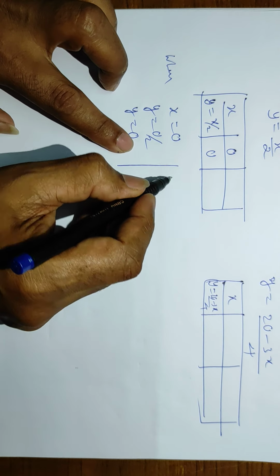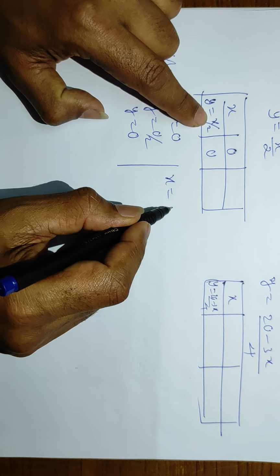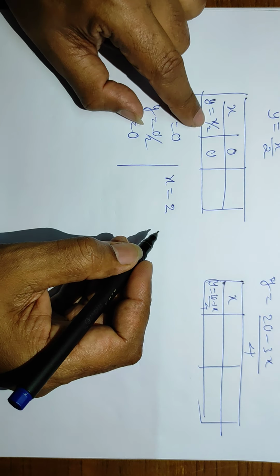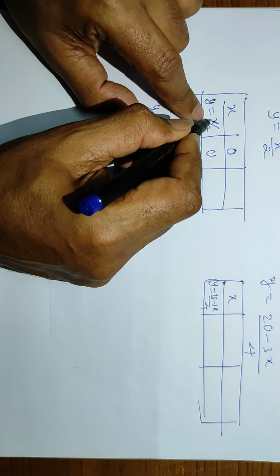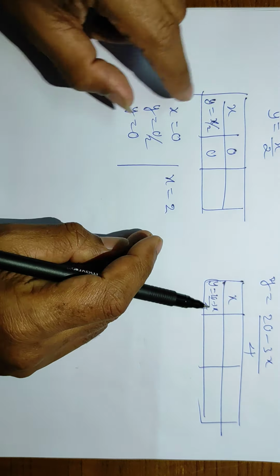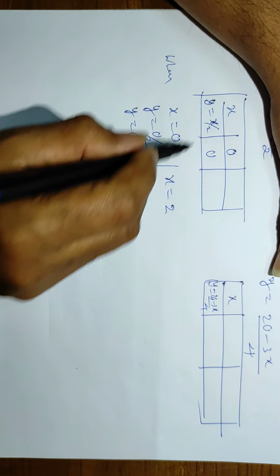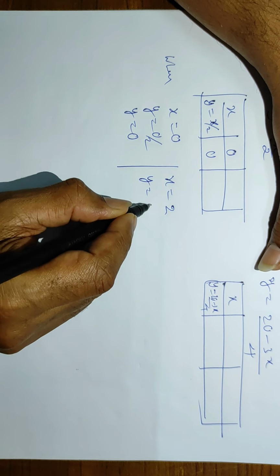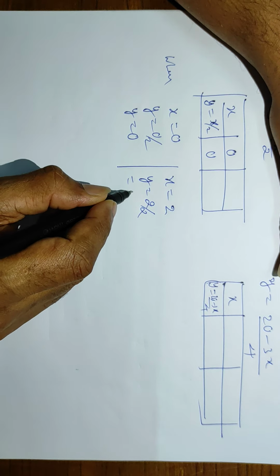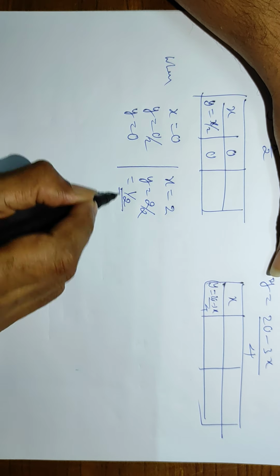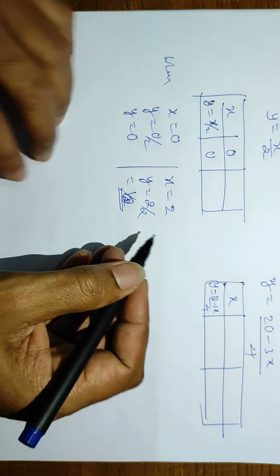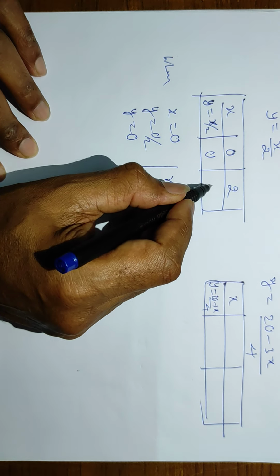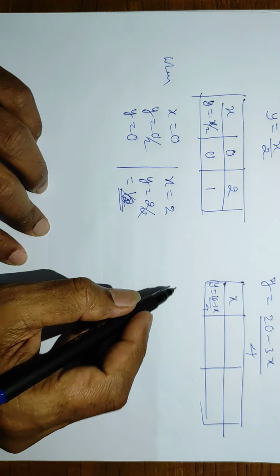When x equals 2, y equals 2 by 2, that is 1. You have to select the value of x according to your convenience, to have a whole number. So if x equals 2, y equals 1.